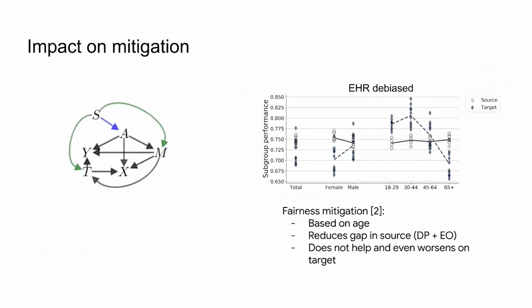So what does that mean for mitigation? In this case, this is the EHR graph, where we have the attribute, comorbidities, treatments, and labs and vitals, and this is our target.